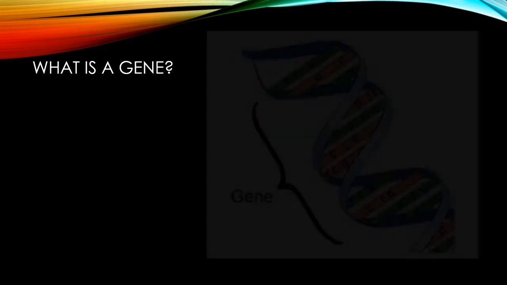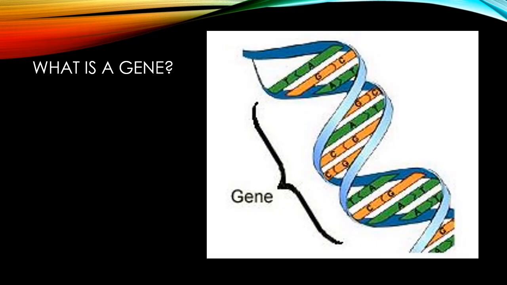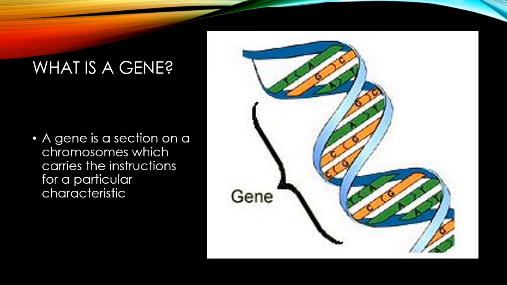You might have heard of an expression called a gene. I don't mean Levi jeans. I mean genes which you find inside the cells. On one individual chromosome, you could have thousands and thousands of genes. Every one of those genes carries the instructions for a particular characteristic.